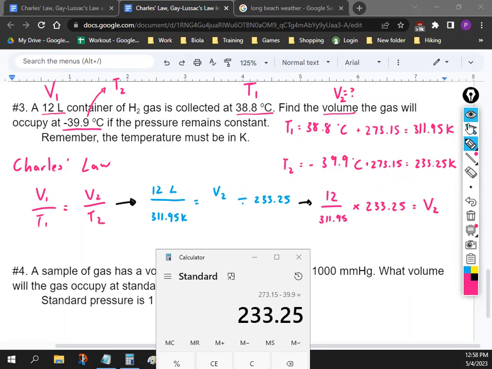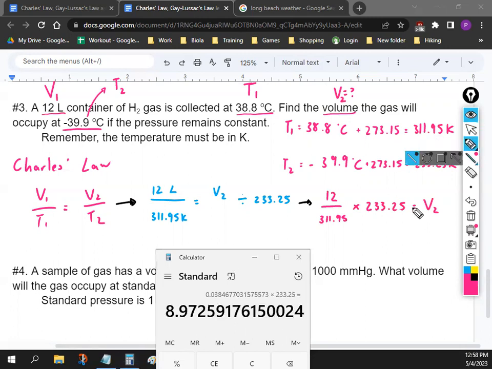On your calculator, super easy. 12 divided by 311.95 times 233.25 gives you a value of 8.97 liters. Okay, that's your final answer.